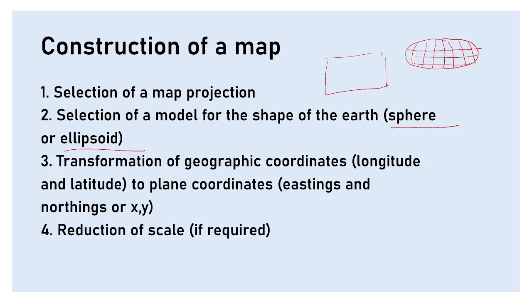Each point will have a lat-long value, and what we do is transform these geographic coordinates, longitude and latitude, to plane coordinates, that is xy. Then if required, we will reduce the scale also. If we don't require a large scale map, which gives you a lot of information, we can reduce it into a small scale map.